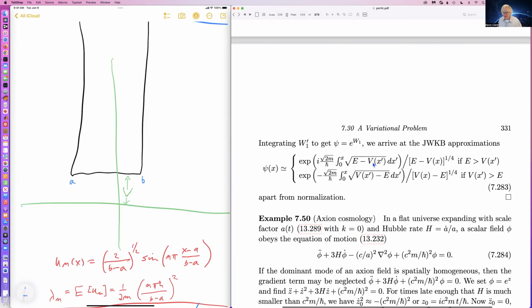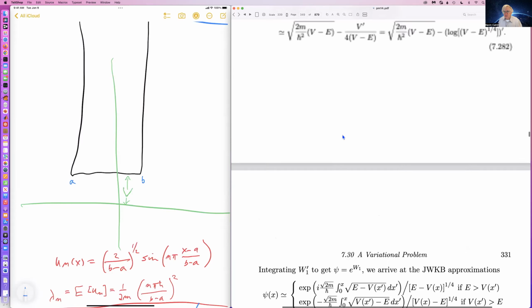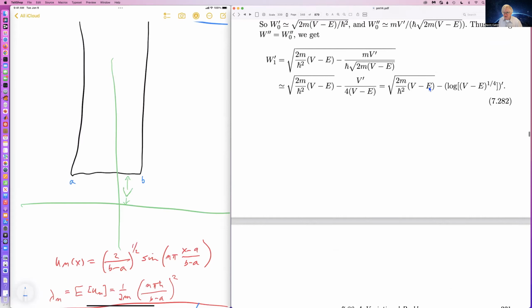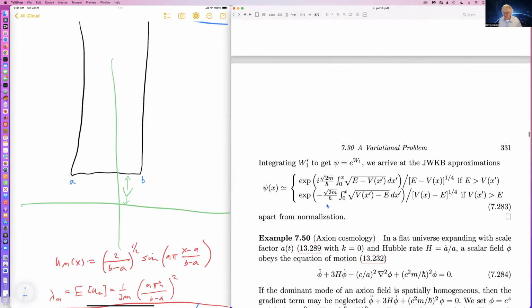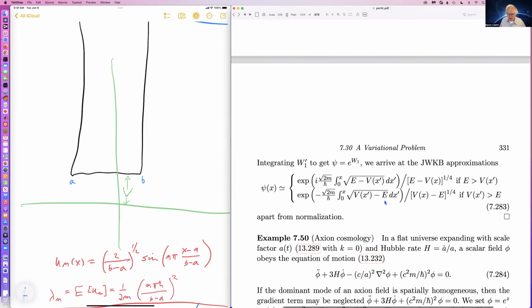If E is greater than V, you get an i because you started out with V minus E. If V is greater than E, then you get a minus sign. And that's where the damping occurs.